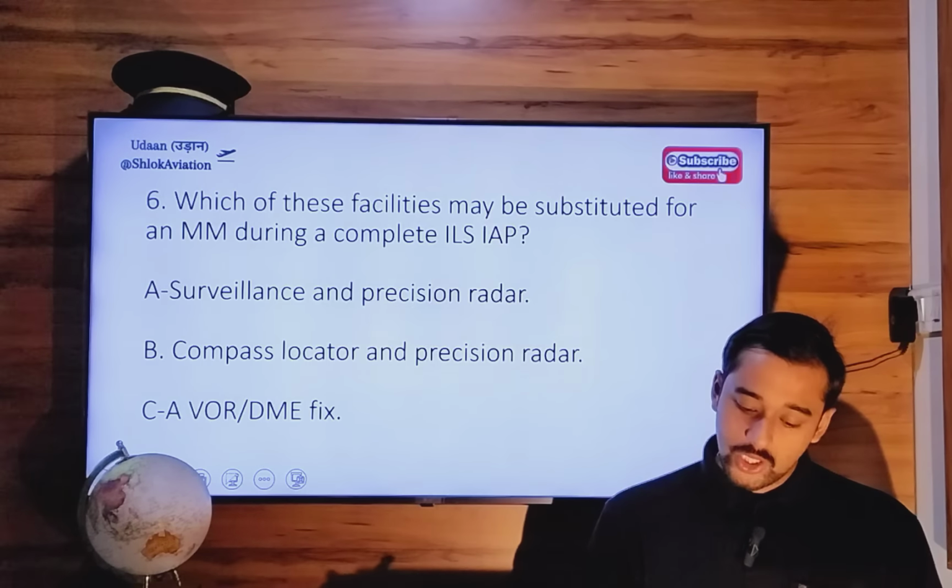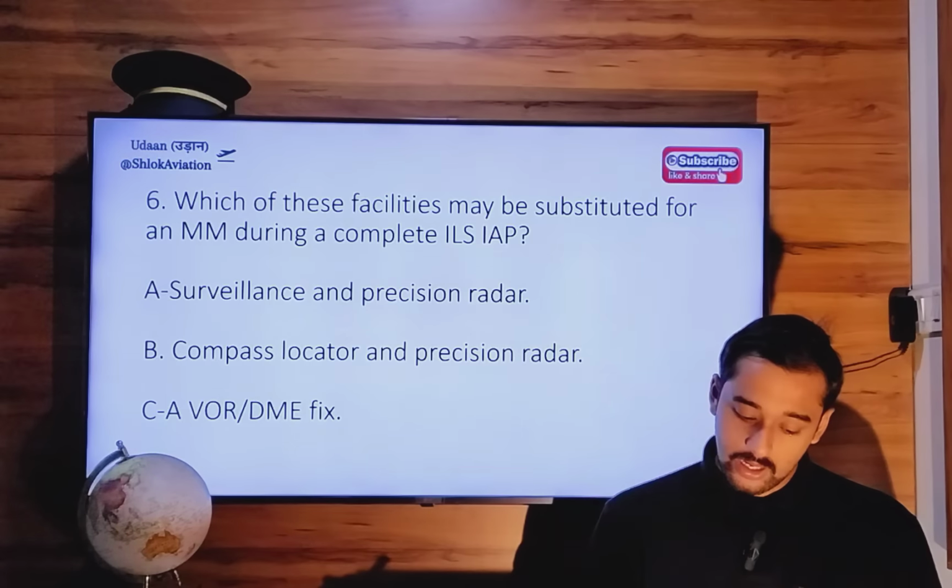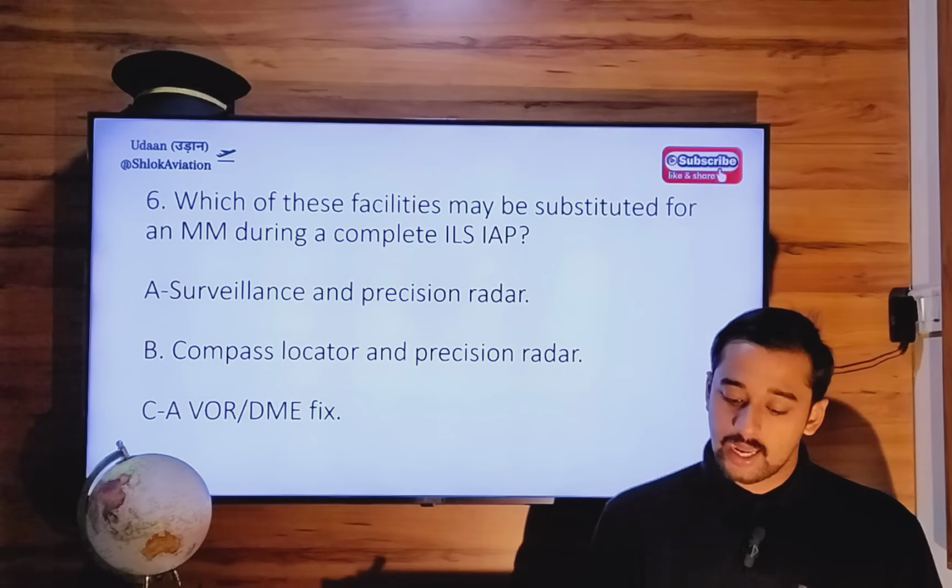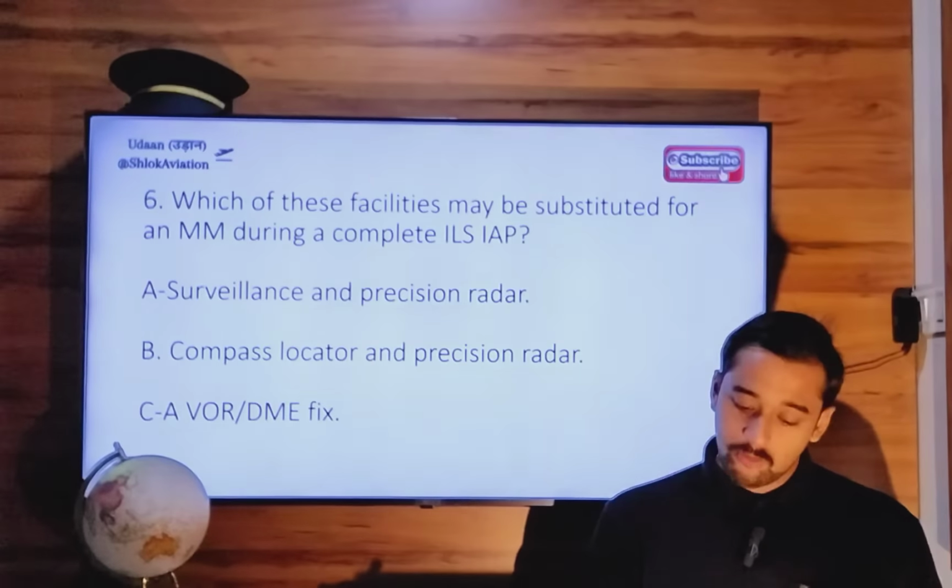Next, question 6. Which of these facilities may be substituted for middle marker during a complete ILS instrument approach? Okay, so middle marker.